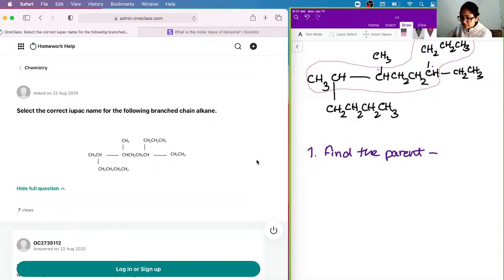Since it's 9 carbons, we would write this as non.